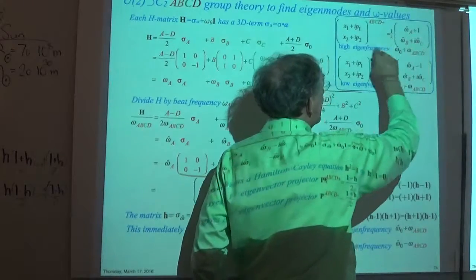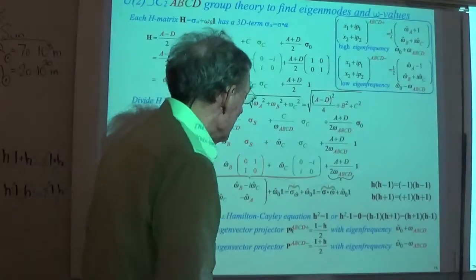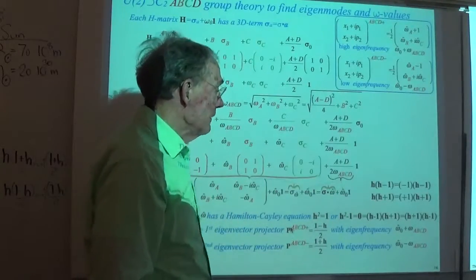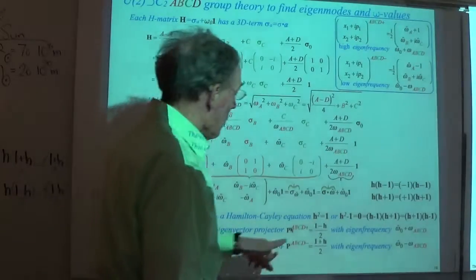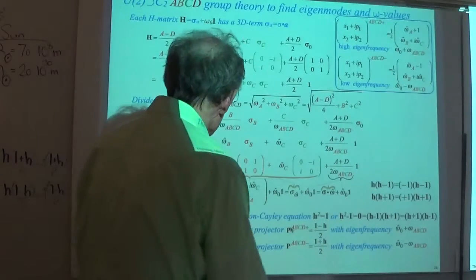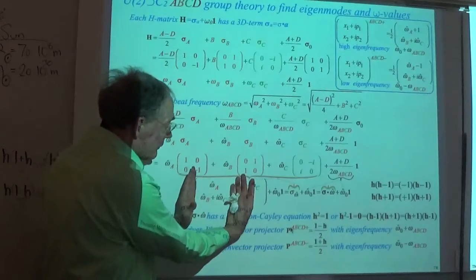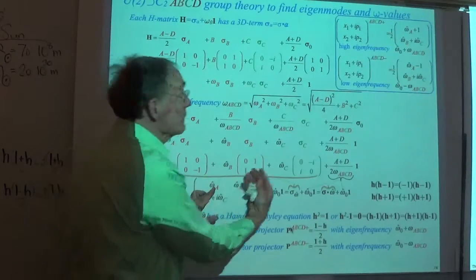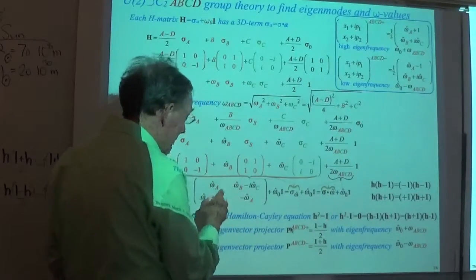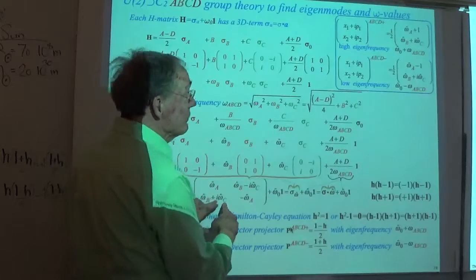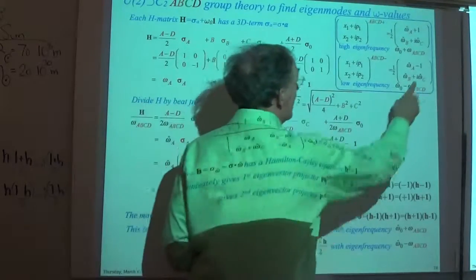But when I do that, this is what I have to get. This is the projection operator that we're talking about right there. That's just 1 minus h, and h is this whole matrix right here. So I'm just looking at the first column. I'm just looking at omega a at plus 1. I've got to put an eigenvalue still on that projector. And then this doesn't change at all. And then I do it with a -1 right here.